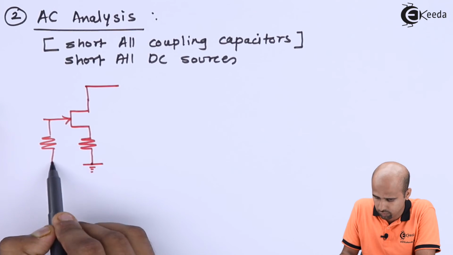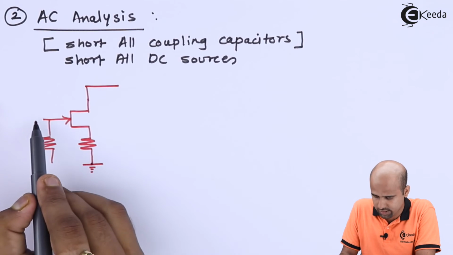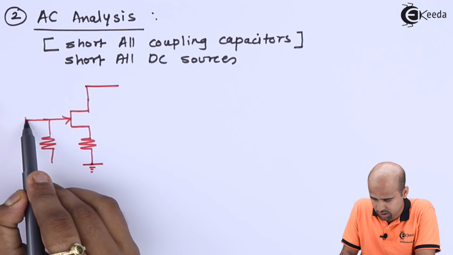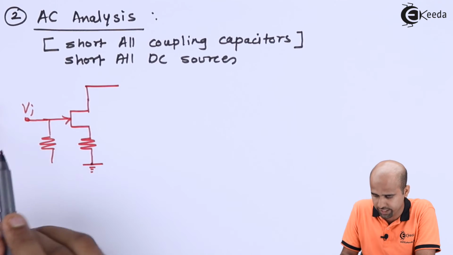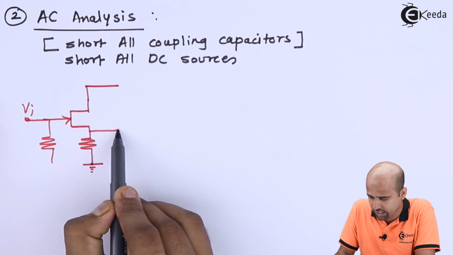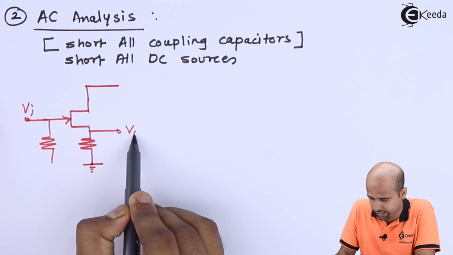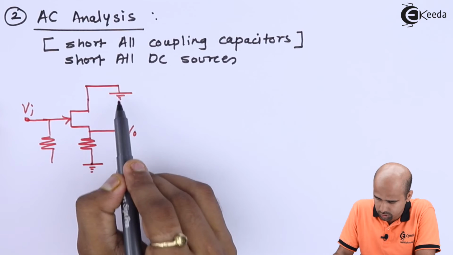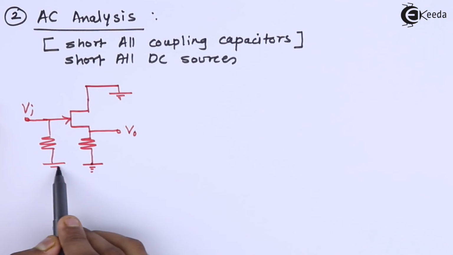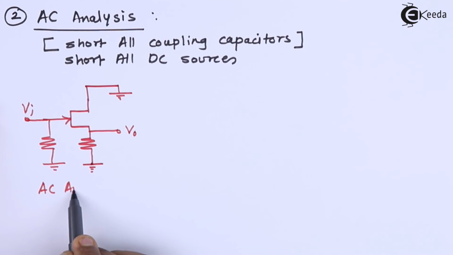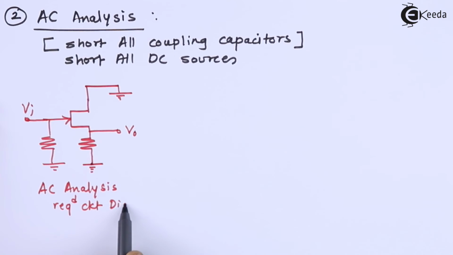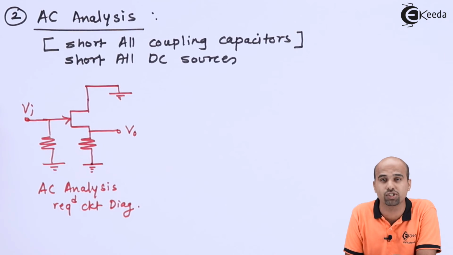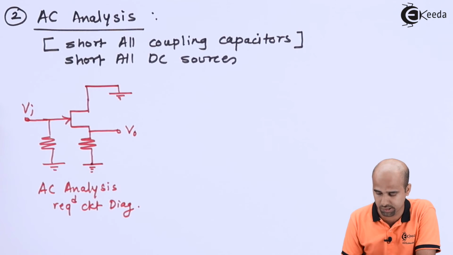Here we have one gate resistance. Capacitors are short circuited, so input is connected to the gate directly and output is connected to the source directly. This is your common drain. This is the circuit diagram required for AC analysis by shorting all coupling capacitors and DC sources.